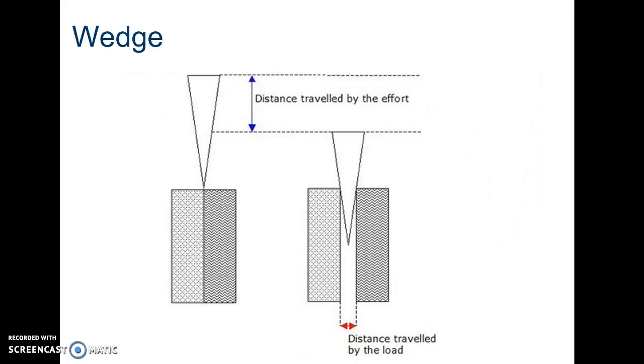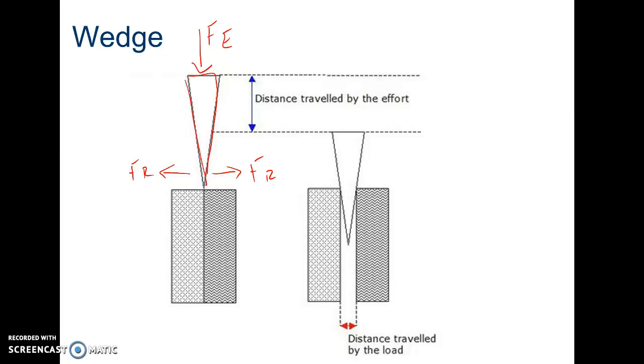Okay, so this is what I was talking about. Here we have a wedge that's going to go into the splitting device. All right. Now, the distance effort is going to be up here at the top, right? Okay, and the distance resistance is going to be on the opposite sides of the inclined planes, pushing apart. Okay.